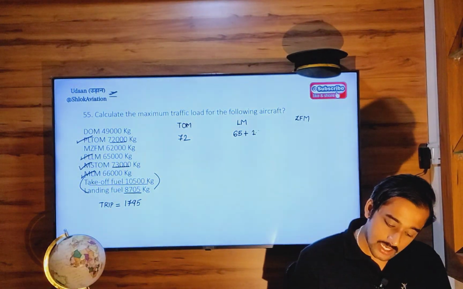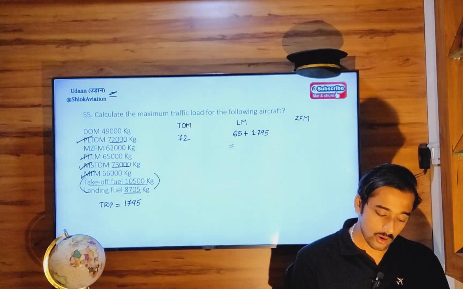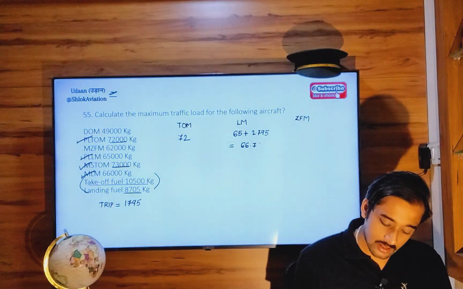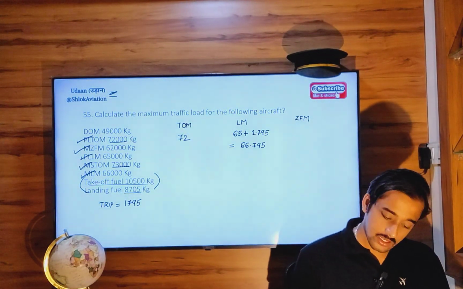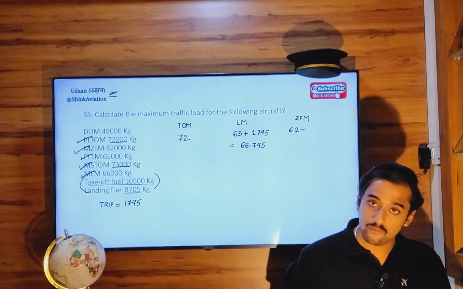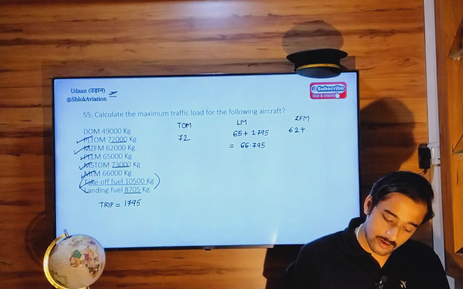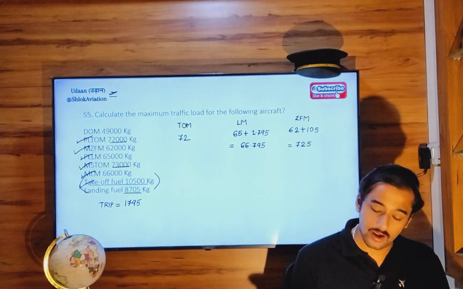So 1.795. 65 plus 1.795 is 66.795. Zero fuel mass is 62,000 plus fuel on board, that is takeoff fuel, 10.5. So this equals 72.5.